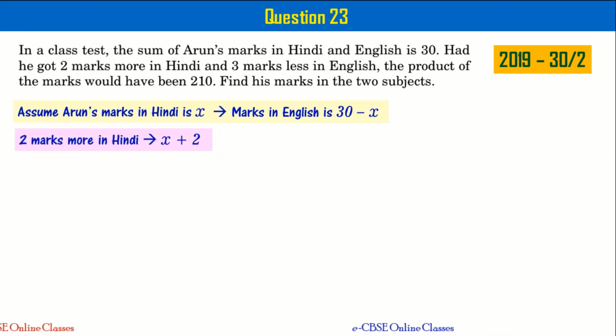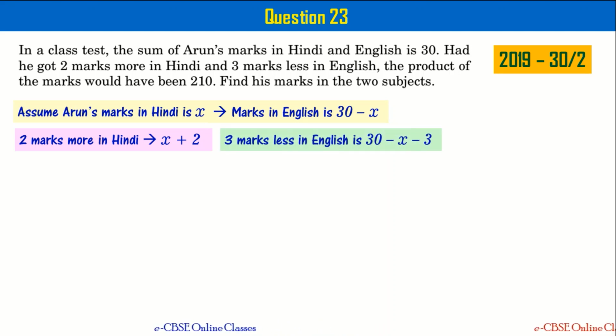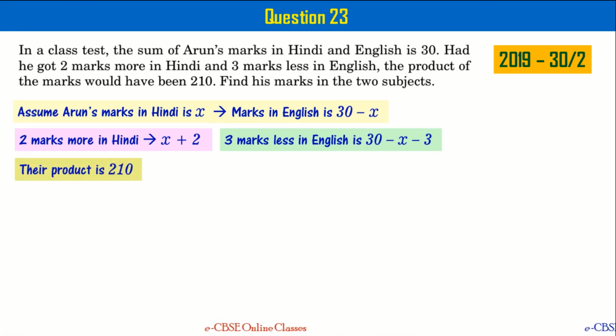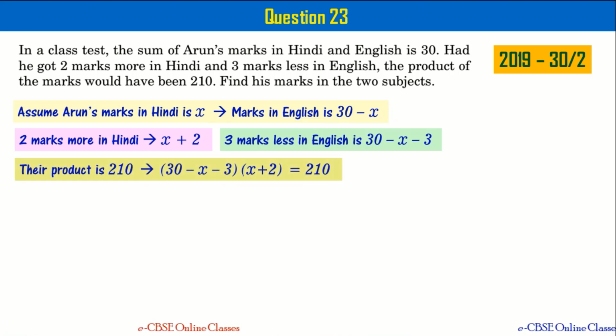The second statement says that had he got 2 marks more in Hindi. It means 2 marks more in Hindi can be written as x plus 2 and 3 marks less in English can be written as 30 minus x minus 3, right? The statement says that the product of the marks would have been 210. It means (30 minus x minus 3) times (x plus 2) equal to 210.